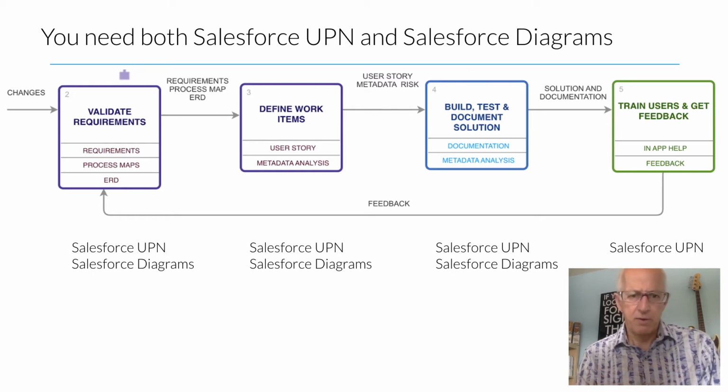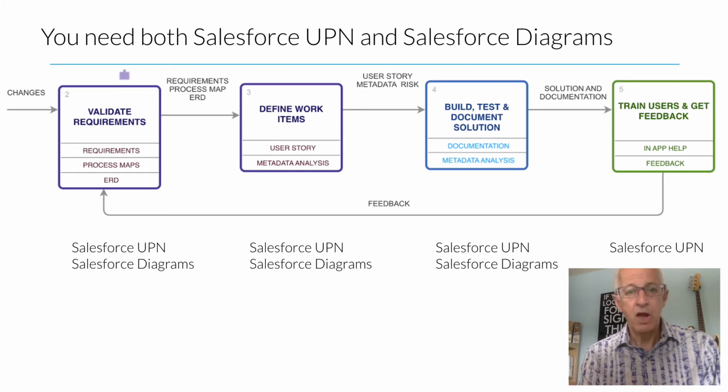On the left, validating requirements, UPN is all about engaging users to understand the requirements. You're starting to maybe build out the entity relationship diagrams or link to that, which is where Salesforce diagrams may come in. As you're defining the work items, building the user stories, again, leaning on UPN because that's the operational processes, but this is where you're solutioning and therefore you're starting to build out those Salesforce diagrams in more detail.